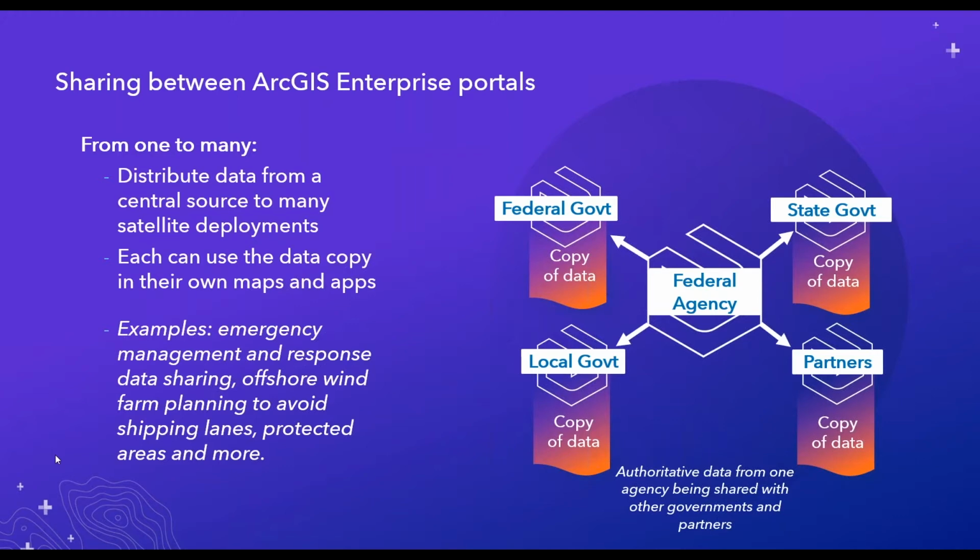So in this particular use case, it mirrors the street center line example that Tasha shared, where we have a central agency or department that shares an authoritative data set with other agencies, departments, or partners. Distributed collaboration is an ideal scenario for this particular situation because the recipients will always be getting authoritative data. The edits and updates will happen on the authoritative side and get pushed out to the recipients from the host via an automatic process enabled through the sync interval.